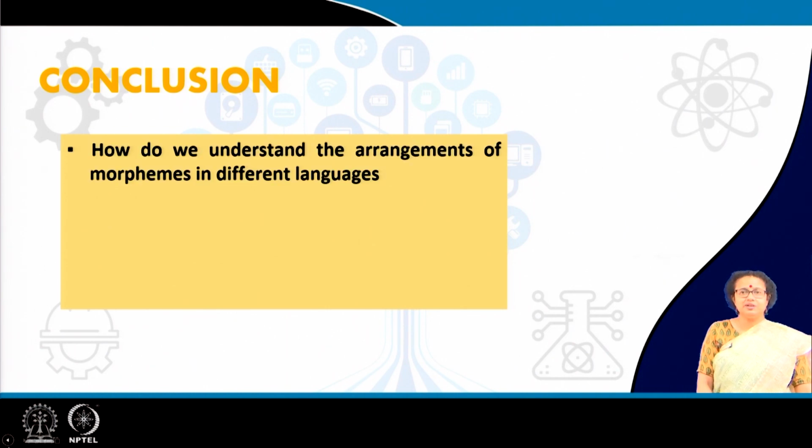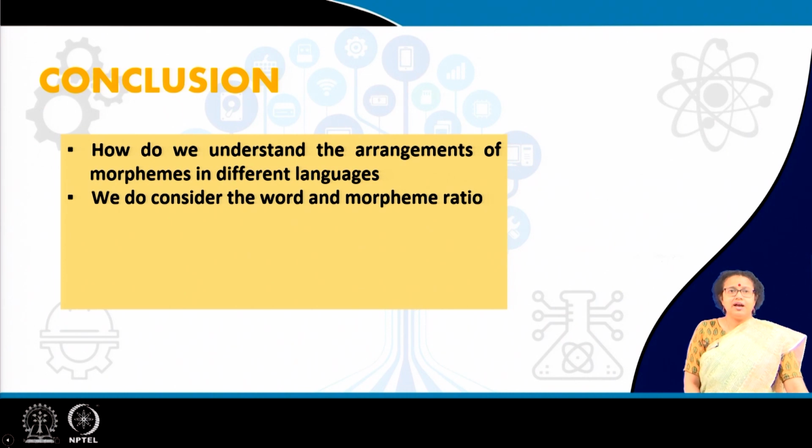So, we are coming to the conclusion part of today's class. Today we talked about the arrangements of the morphemes in different languages. We did this in terms of morphological typology, and in order to talk about morphological typology, we talked about the word and morpheme ratio.